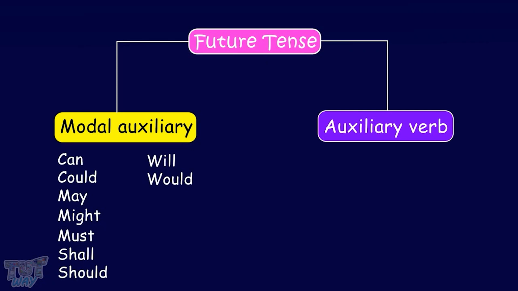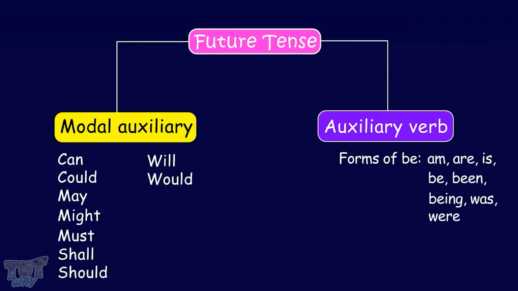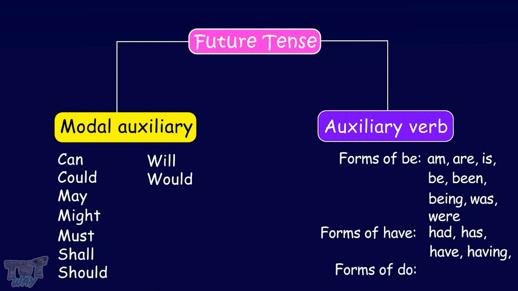And auxiliary verbs are forms of to be: am, are, is, be, been, being, was, were. Forms of have: had, has, have, having. Forms of do: did, does. So we make future tense using these modal auxiliaries and auxiliary verbs.